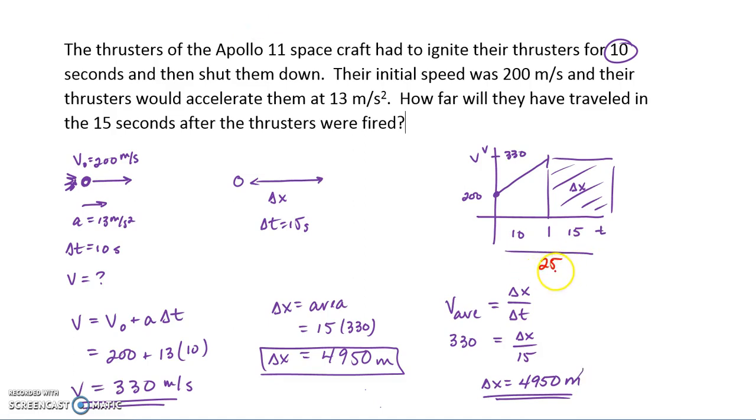We don't have one acceleration during that time. We have two separate accelerations. I know one of them is 0, but we have two separate accelerations, and therefore we have to use two different equations to solve this problem.